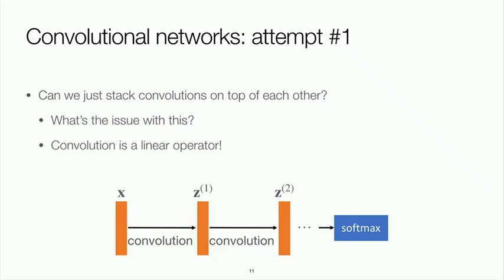So even if I stack a million convolutions on top of each other, there's still a way to describe that as just some matrix multiplication with a fairly complex matrix. But it's not really getting me any more expressive power, in terms of getting complex nonlinear features of my input that are hopefully easier to work with than the original image itself. That's the whole goal behind deep learning in general. We're not quite accomplishing that when we just stack convolutions on top of each other.